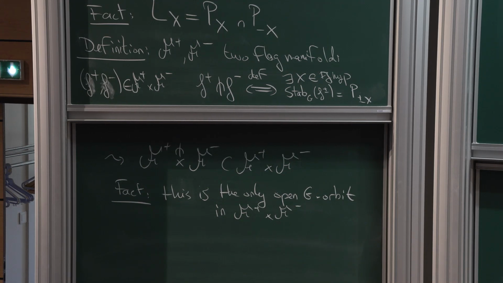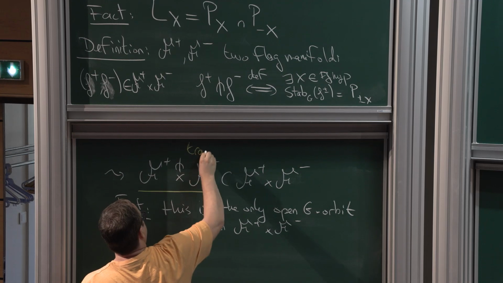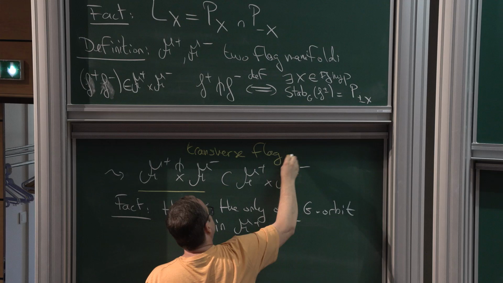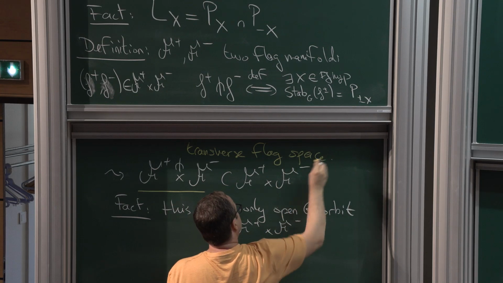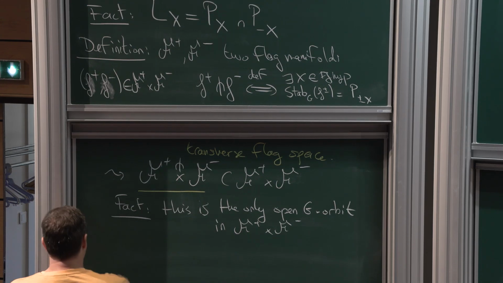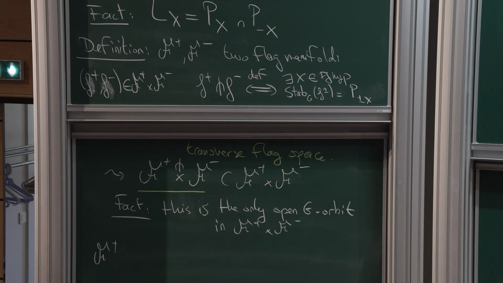In this space of transverse pairs, we'll call it the transverse flag space. And the last definition here: two flag manifolds could very well be empty, right? The empty set is open. Is it a G orbit? You'll decide on this.